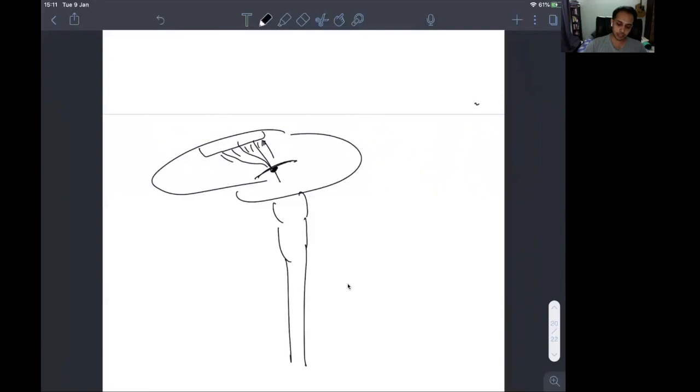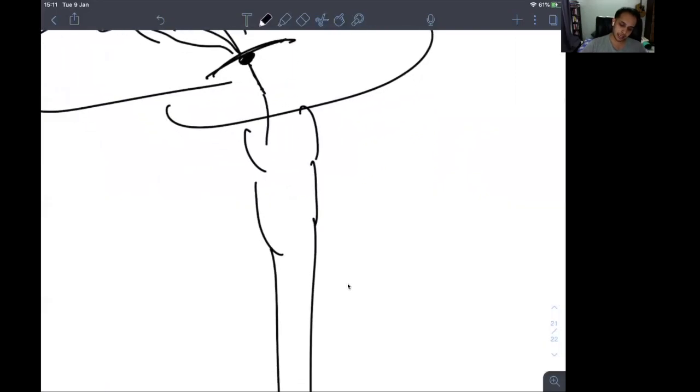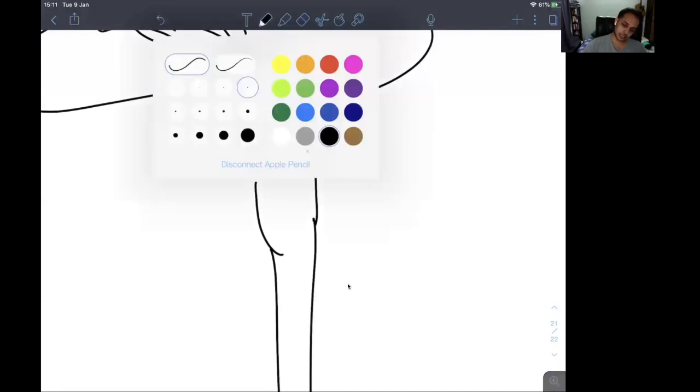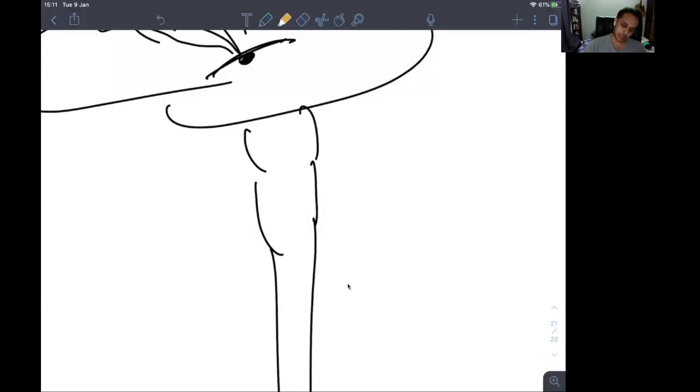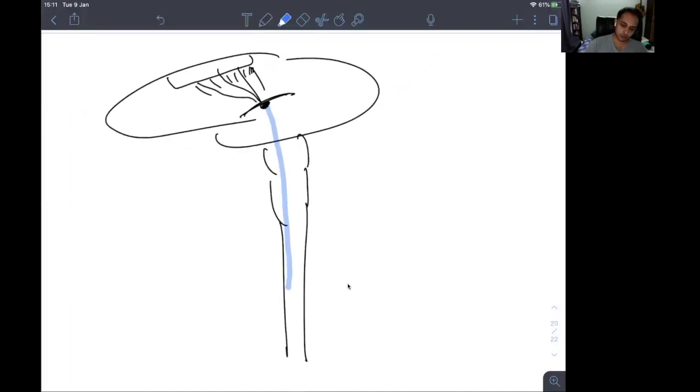After the internal capsule, it becomes one tight band and it descends down, and it descends in the anterior part of the brainstem. Okay, so now let me draw this in another color. It descends down the anterior part of the brainstem. And this is important for you to know.